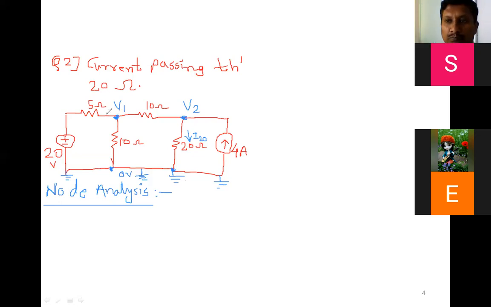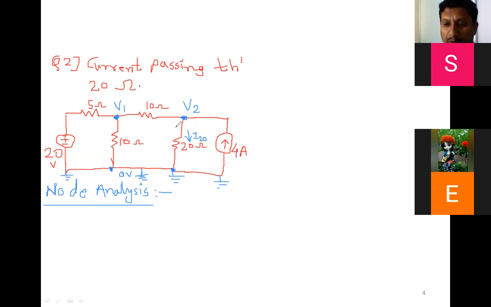Now, the first 2 steps of nodal analysis are over. Third step is what? Apply the KCL at each and every node except ground. So I am going to apply the KCL at V1 and I will get one equation. After that, I apply the KCL at the second node and I will get the second equation.